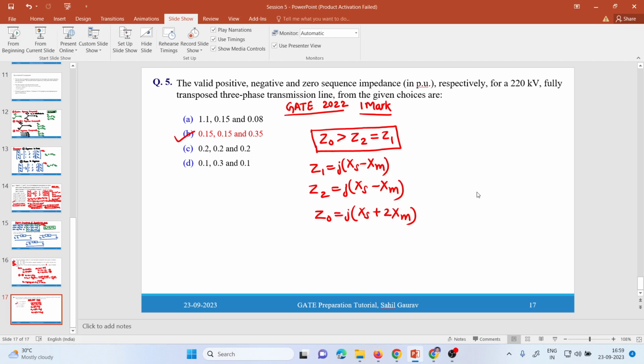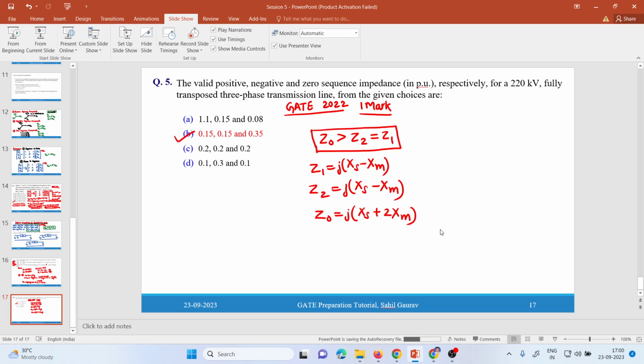Sir, by taking only per unit values, can we also find if it is an LG fault or LL fault or triple L fault, by comparing per unit values Z0, Z1, Z2? I did not get your question.